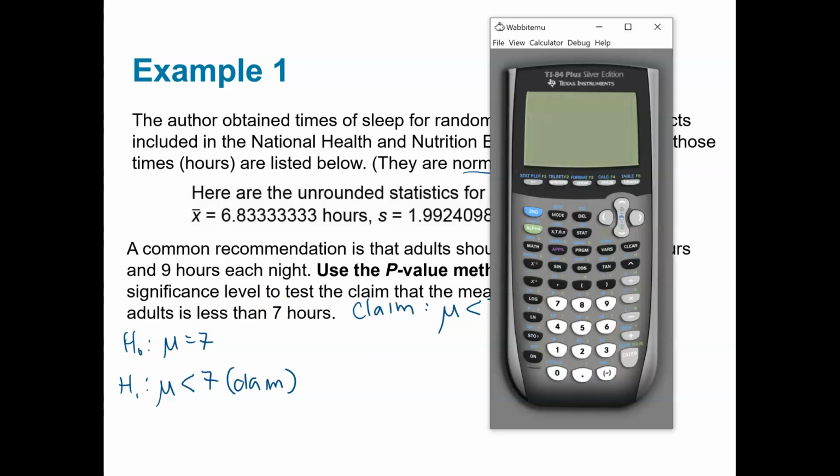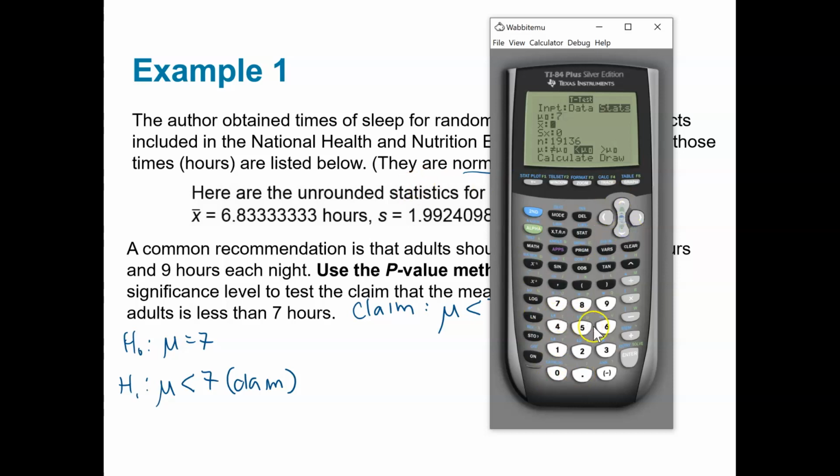So now we'll go into our stat. And this time when we go to test, we're going to go to t-test because we don't know sigma. So we're going to input the stats here. Our null is 7.